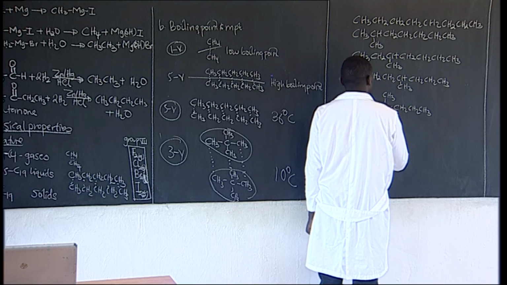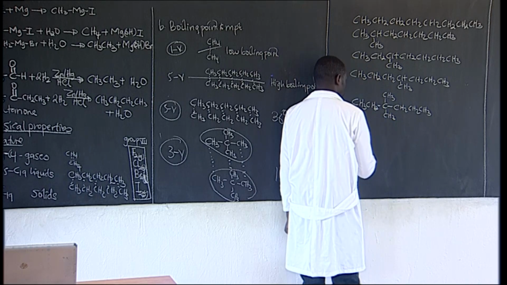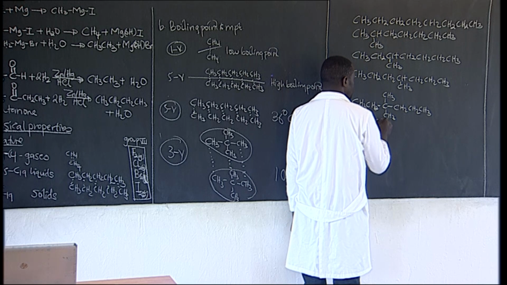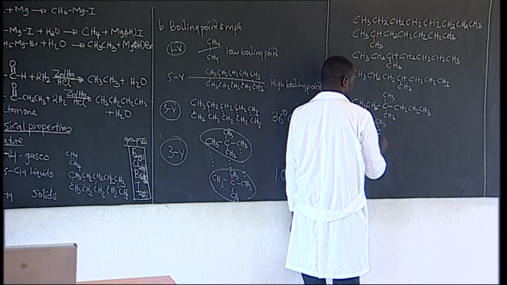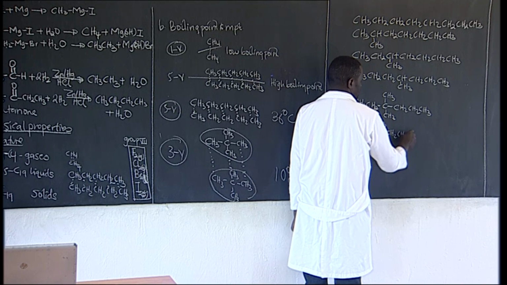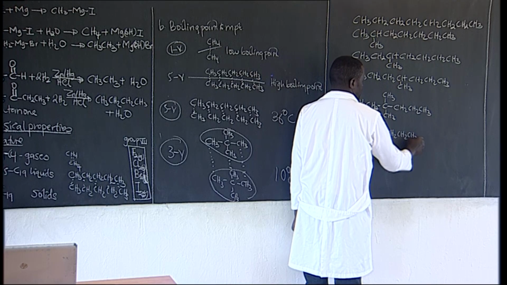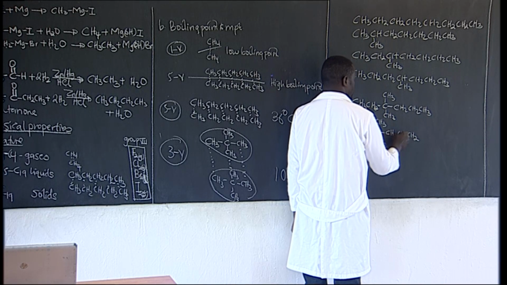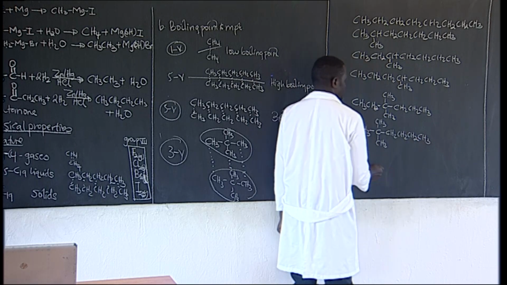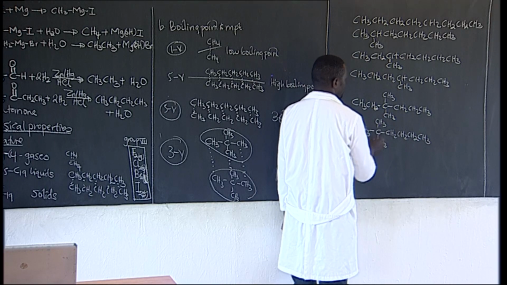We can also put on carbon number 2 with the two alkyl groups. So 1, 2, 3, 4, 5, 6, 7, 8. If we put here, it will be the same as the other one.